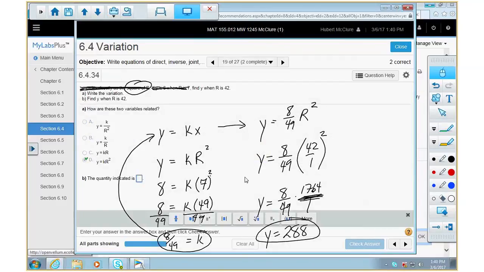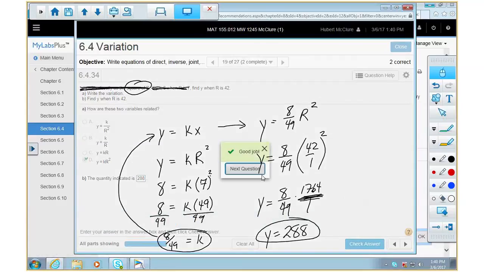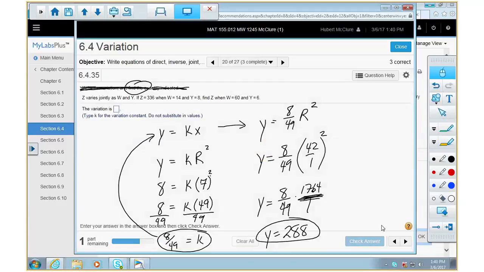And 288. That's it. And that's how you do variation and how you do formulas. Because the rest of them are going to be the same. Question?